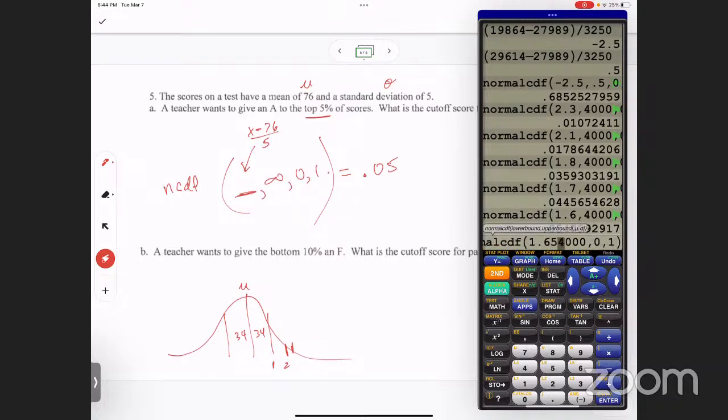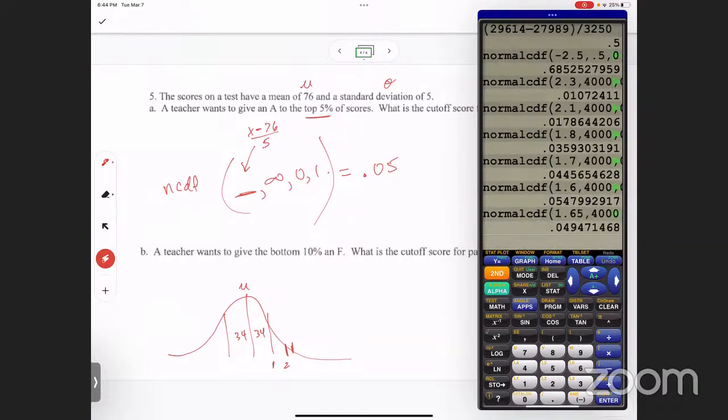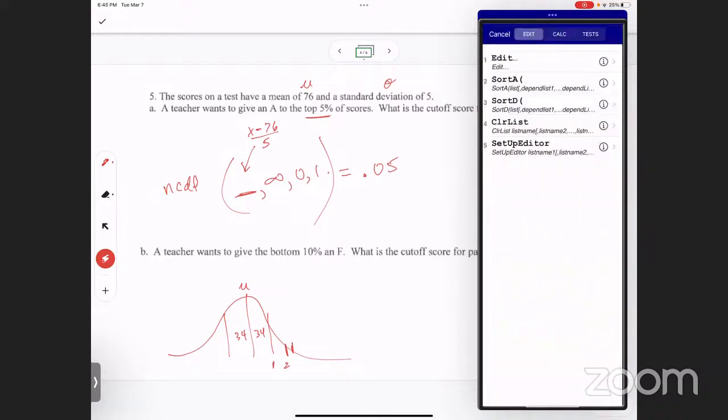So let's try 1.65, comma 4,000, comma 0, comma 1. All right, and that's pretty close. So maybe 1.66. So I know that this is going to have to be equal to roughly 1.66, right? Again, there may be a formulaic way of doing this. Okay, so that should have been 1.67. My bad. So let's try 1.67 and see how close that is.